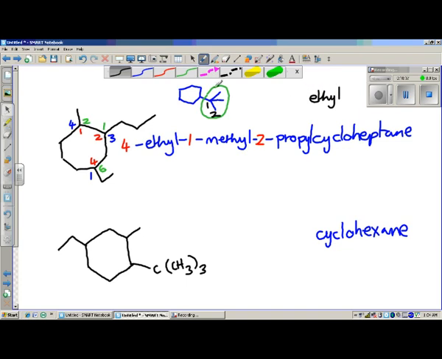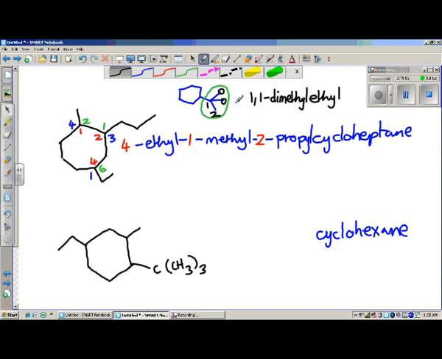But what else is coming off that ethyl group? Well, there is a methyl and a methyl, both coming off carbon 1 of the ethyl group. So therefore 1,1-di-methyl ethyl. That's a 1,1-dimethylethyl group.